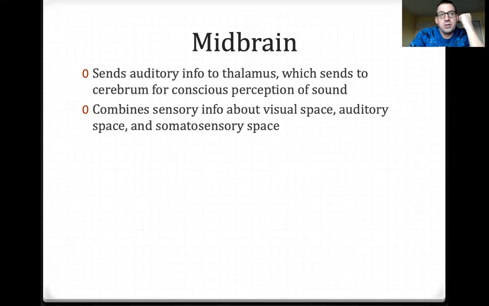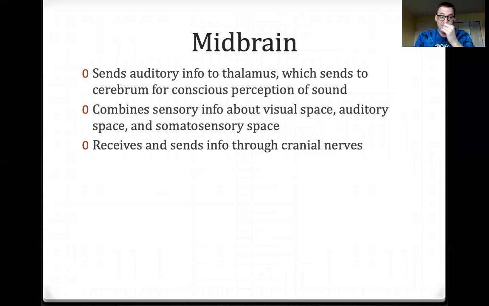The auditory information was the chirping, the visual information was a tree, and the somatosensory information, the sensory information from our body, is that something wet hitting your head. The midbrain is what allows you to combine all that information to realize that a bird was in that tree and just pooped on your head. That's what I mean by combining sensory information about visual space, auditory space, and somatosensory space.